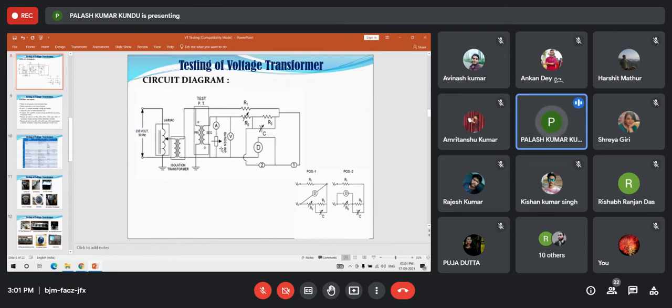But the specified condition says only the secondary voltage should increase, keeping the burden constant. Burden constant means the VA burden, the volt into ampere. So if the voltage increases, definitely the current will increase. But the VA should be at the constant burden, 25 VA.